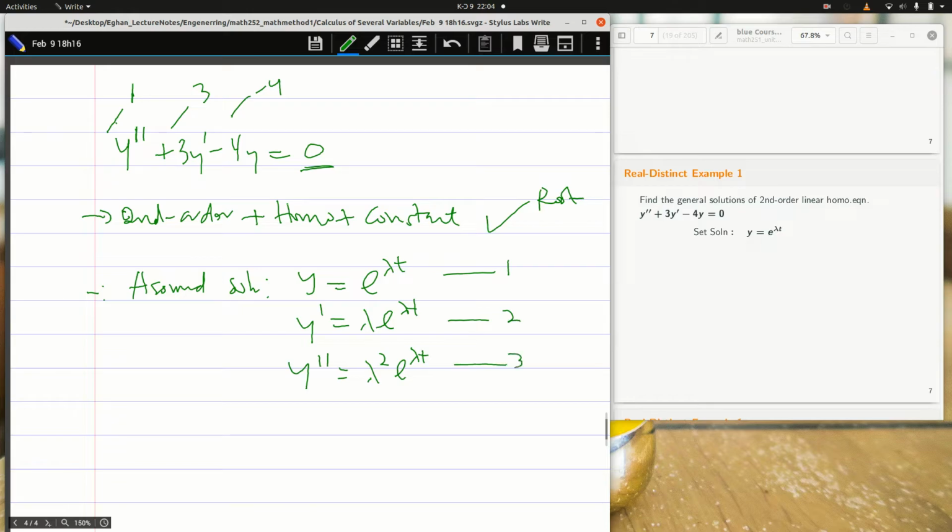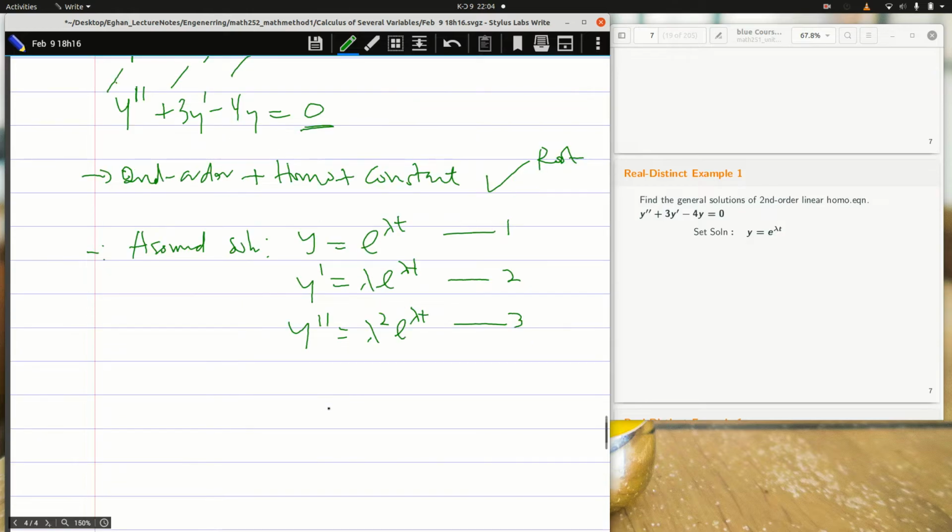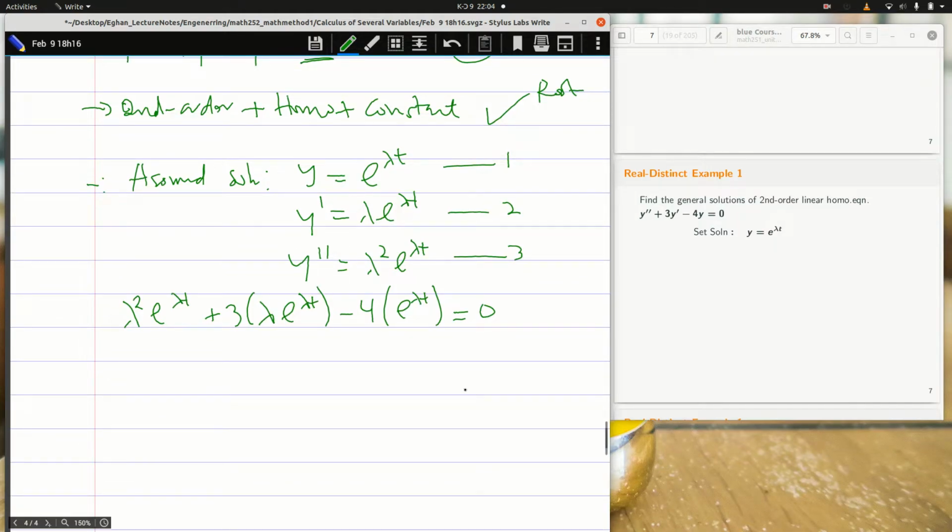So I substitute this into equation star, which is my differential equation. Let's do that. I have lambda squared e^(lambda t) plus 3 lambda e^(lambda t) minus 4 e^(lambda t) equals 0. This is my substitution. So assume solution, you differentiate, you substitute.